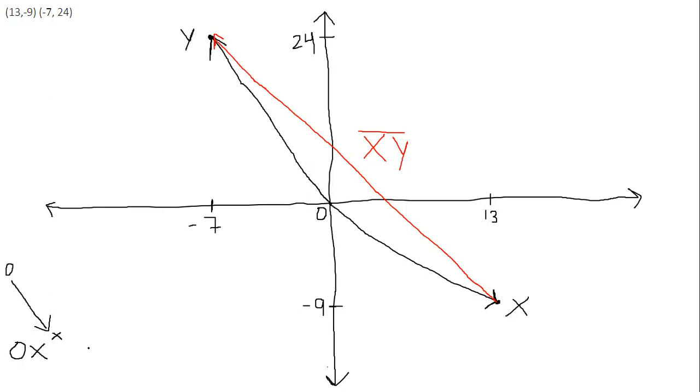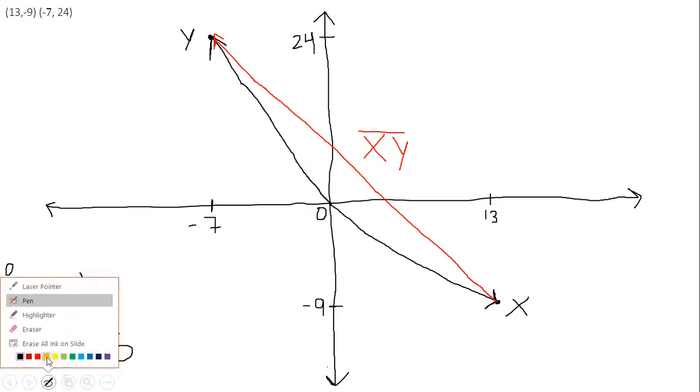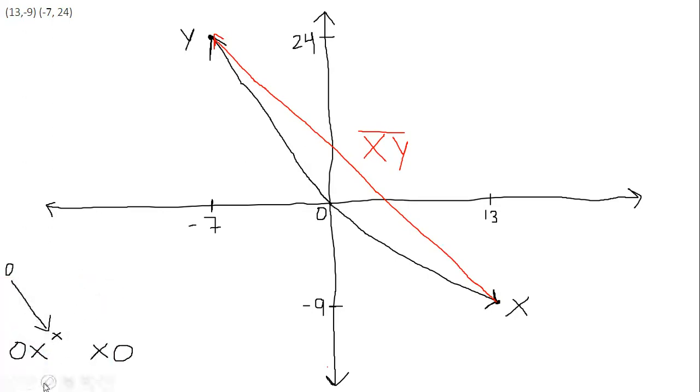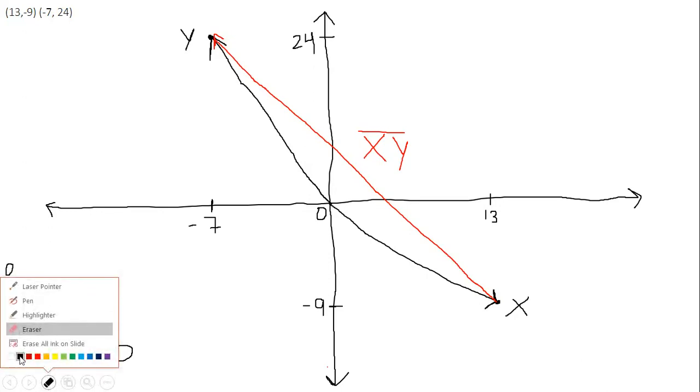Now, if I say draw me the vector XO, well, the vector XO would be the same thing, but we're going to start at X and end at O. They're basically the same thing, but we're just starting at a different point.